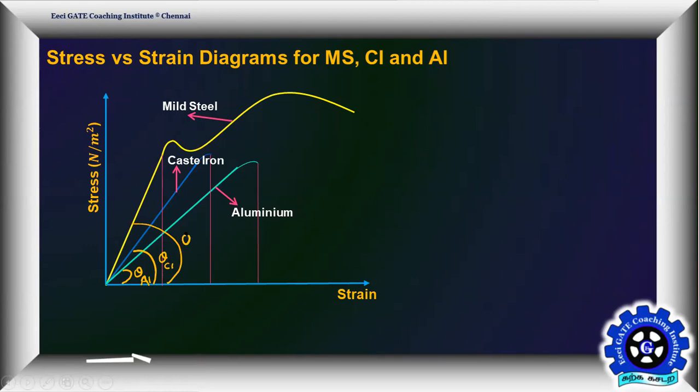From here to here, theta mild steel. Is it clear? This is mild steel. From here to here, cast iron and aluminium. What do you observe from here? Tell me now.